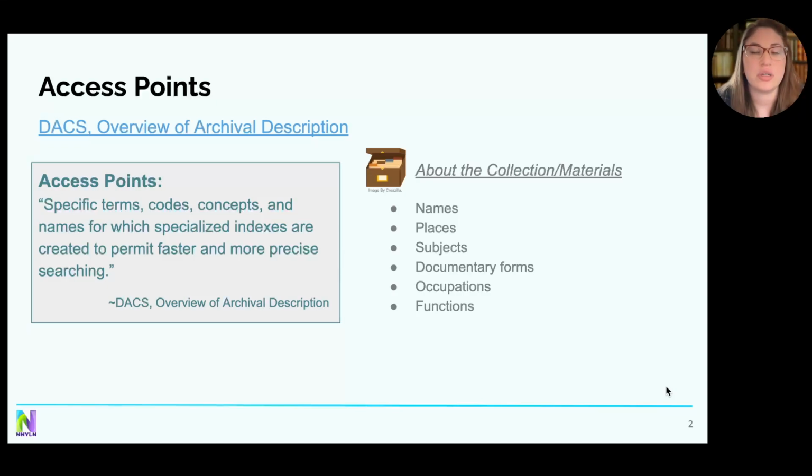These are usually made by some type of professional or governing body who know a lot about the topic they're writing about. As mentioned in this definition, which comes directly from DACS, these terms are a predefined way to describe something.